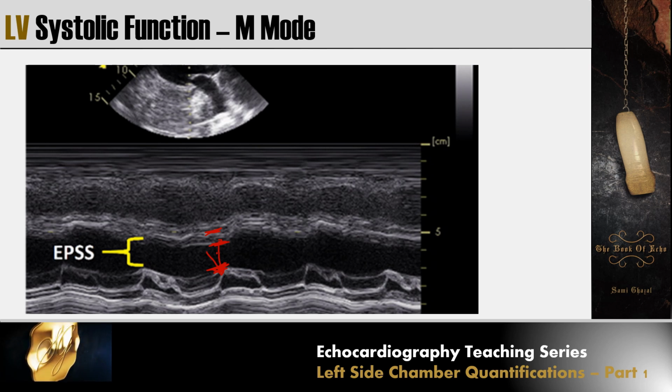If you have bad LV systolic dysfunction, you will have less volume coming from the left atrium to the left ventricle. So it is an indirect clue, and it is somewhat accurate if there is no mitral regurgitation, because if there is significant mitral regurgitation, this one will be overestimated. You will have more volume going through the mitral valve to the LV, but it does not really represent the true volume that leaves the LV going through the aortic valve to the systemic circulation.